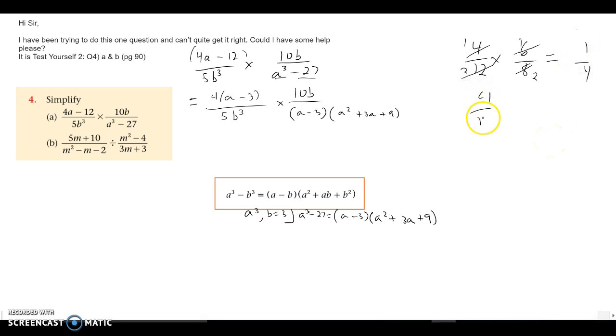Lots of students do this many different ways. You could reduce it. 4 on 12 is 1 on 3, so it would be 1/4 times 3/4.